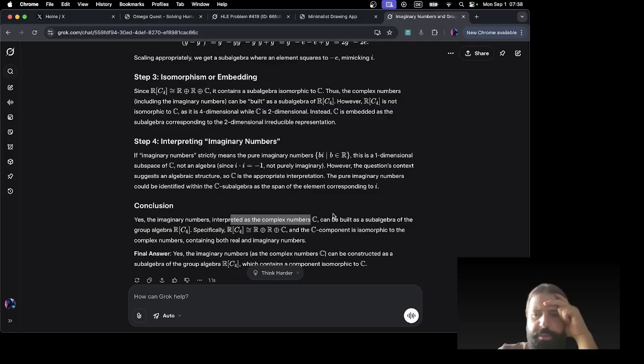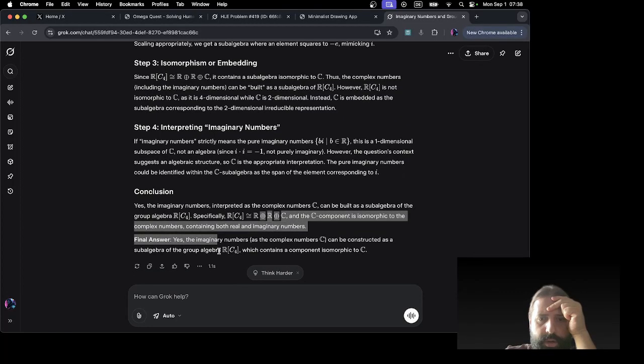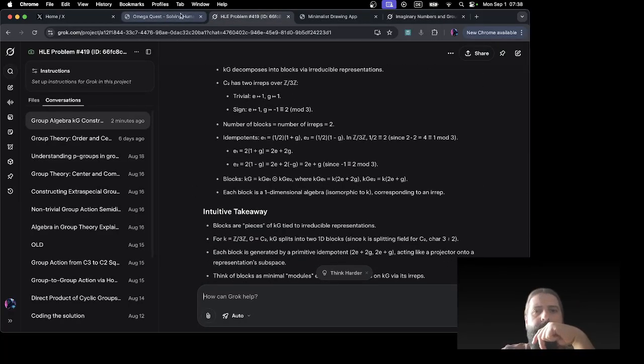Complex numbers C can be built as a subalgebra, okay, of the algebra RC4. Okay.